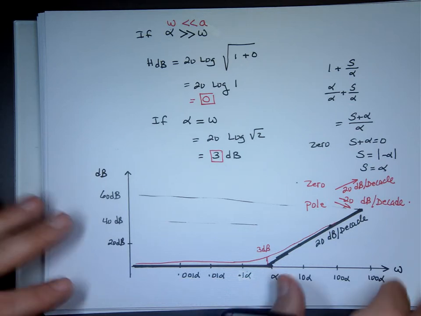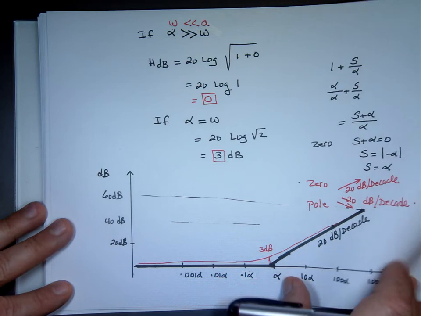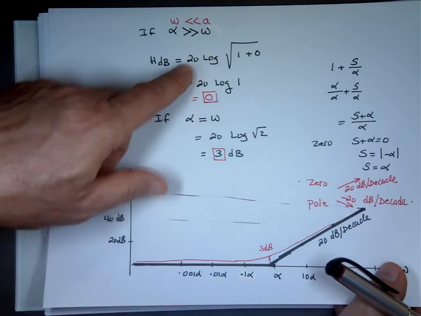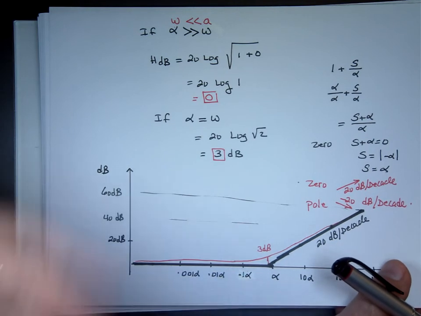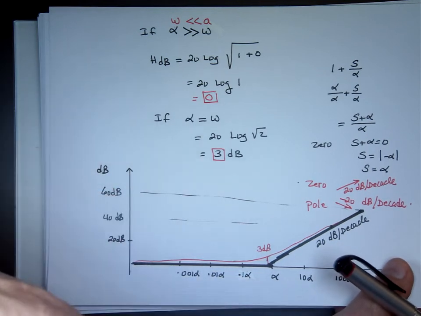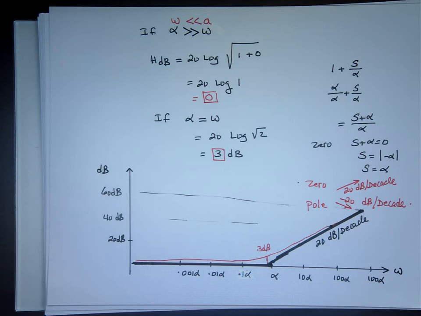Is it always going to be 20 log? Yep, correct, because the equation is 20 log. Now if you get 2 of them, like s squared, because you get s times s, you get 2 zeros, for example. Each one is going to pull either up or down. It depends if it's on the bottom or on the top. So if you get 2 of them, it'll be 40 decibels.